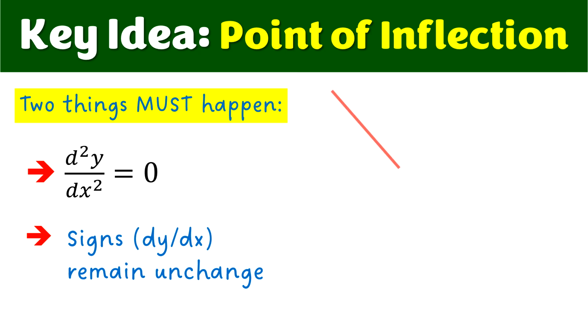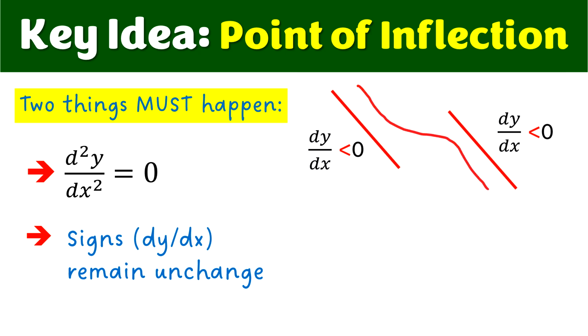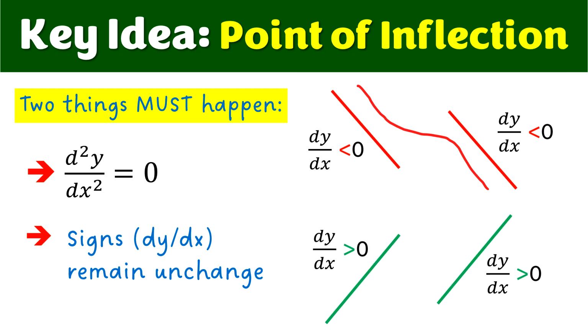So to conclude, if we see that both signs for the gradient function are negative, in this case there is no change in sign, we can conclude that it is a point of inflection. Or it could be the other way around, whereby the gradient function is positive on both sides. So again, there is no change in the sign for dy/dx, and again, this is a point of inflection.